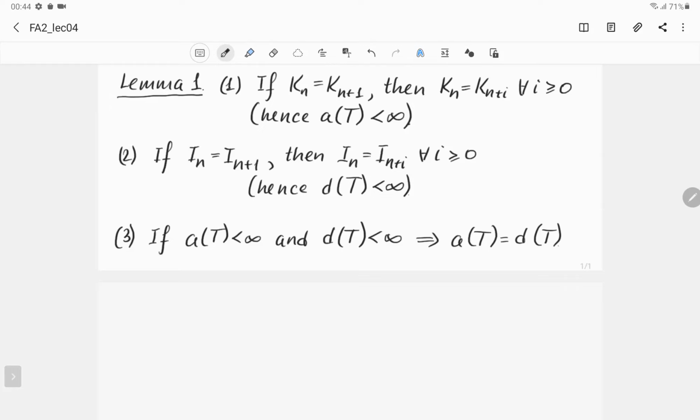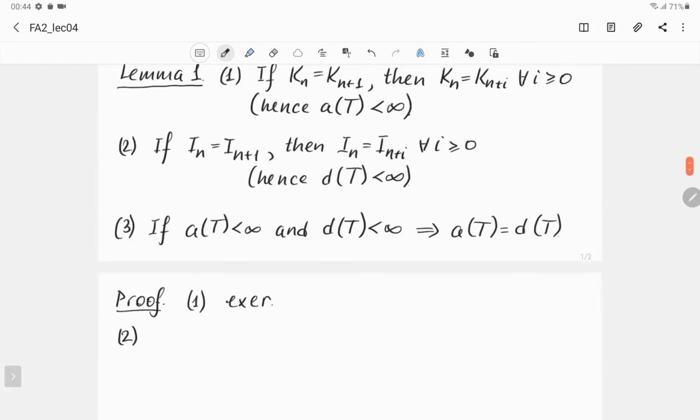Okay, so now let's try to prove this result. Essentially, this is purely linear algebra. In particular, 1 and 2 are very simple exercises for you. Well, maybe let 1 be an exercise, and let's see together that 2 is also very easy.